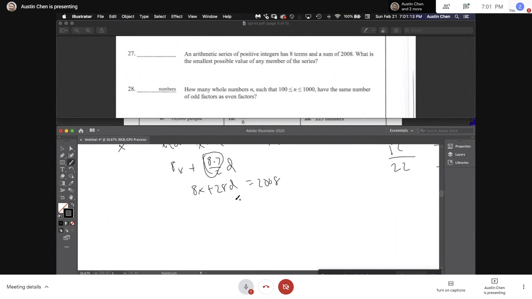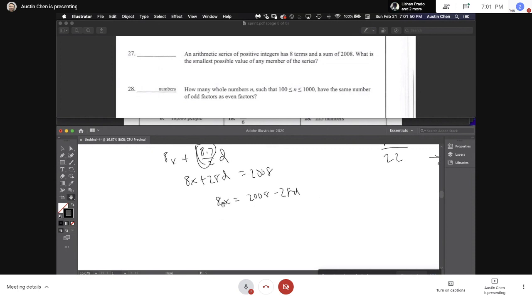X and d are both integers, and we want to minimize x. So what we're going to want to do here is subtract as many 28s from 2008 as we can, and then have our result be 8x equals 2008 minus 28d.